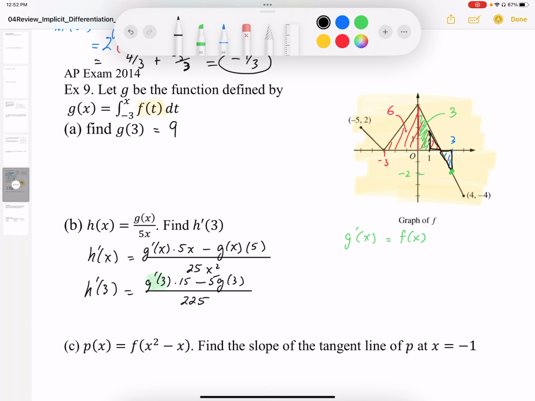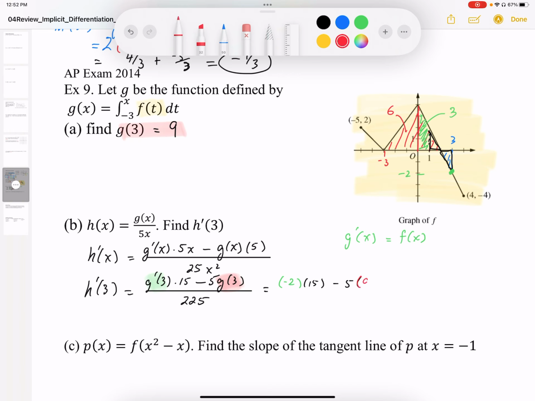So when I plug in these values, g prime of 3 is -2 times 15 minus 5 times the g value at 3. Well, the g value at 3 we've already determined to be 9. So I'm just going to plug 9 into that equation, so that's going to be times 9.